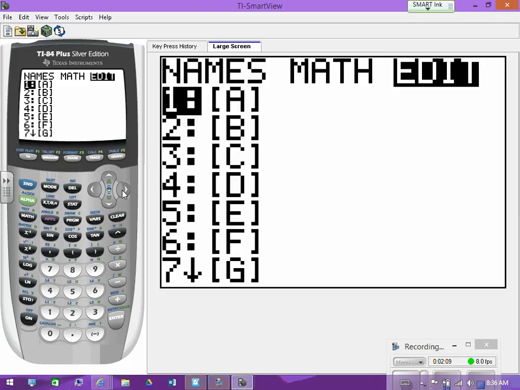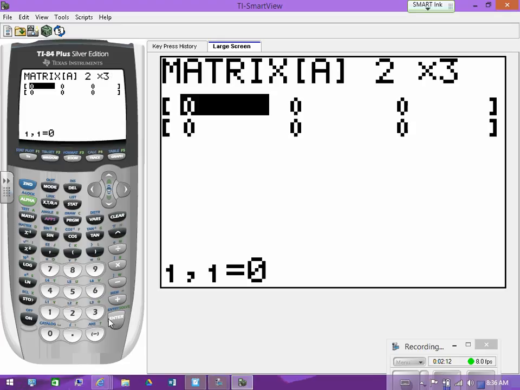Second matrix. It's always going to be for us a 2 by 3, 2 rows, 3 columns.